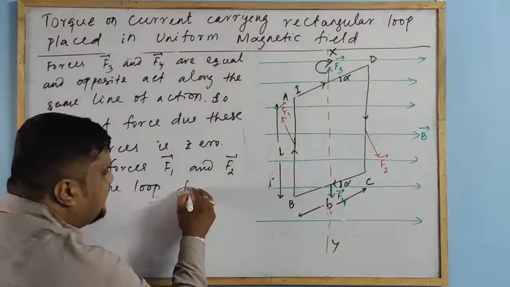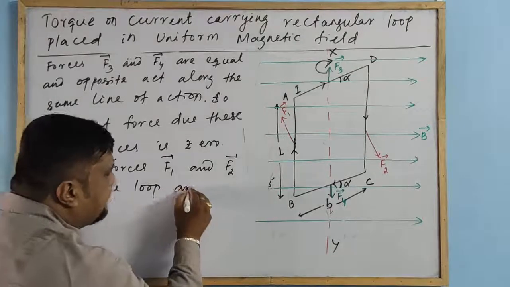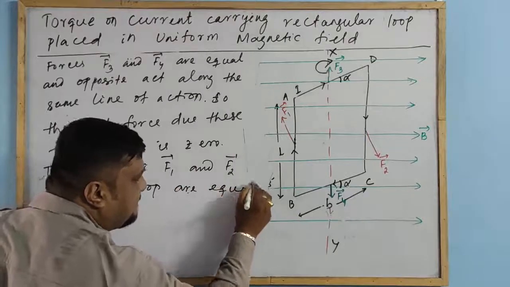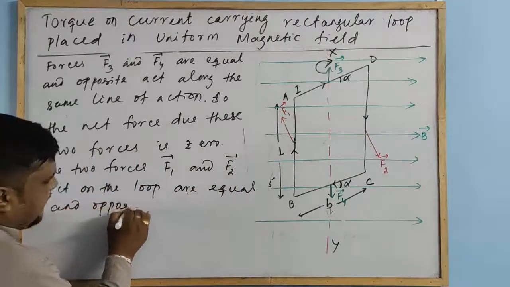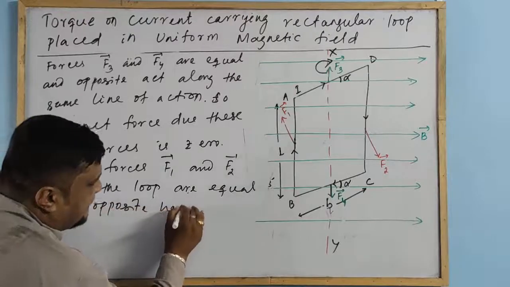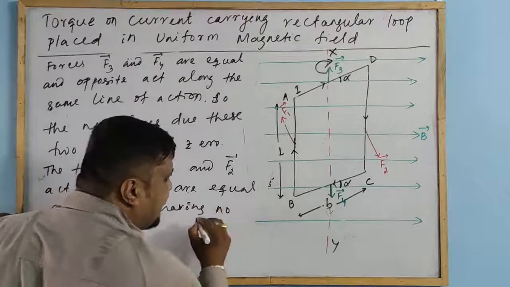The two forces F1 and F2 acting on the loop are equal and opposite, having no common line of action.